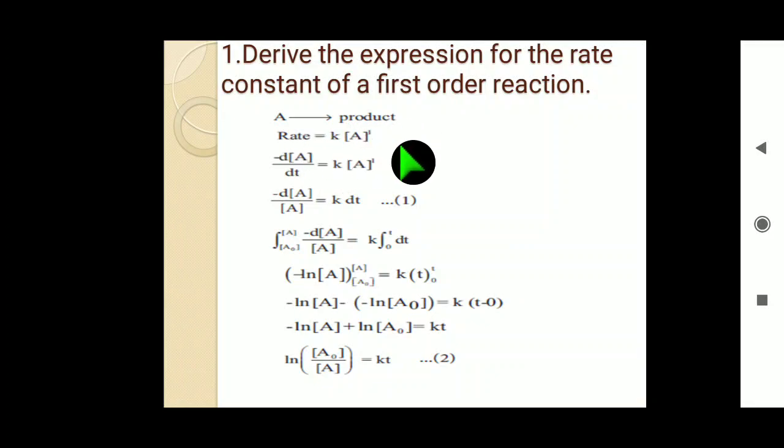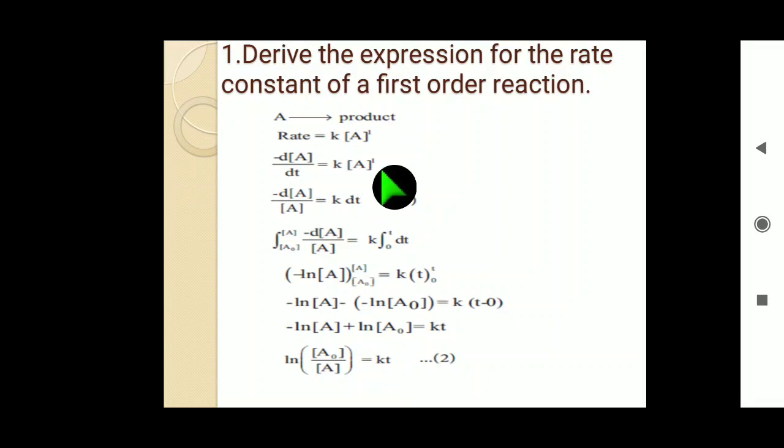Okay, the third step, what is rate? We should write the change in concentration with the time. The change in concentration of the reactant is decreasing, that's why minus dA by dt equal to rate constant concentration A. In the fourth step, the concentration will come in the left hand side, time will come in the right hand side.